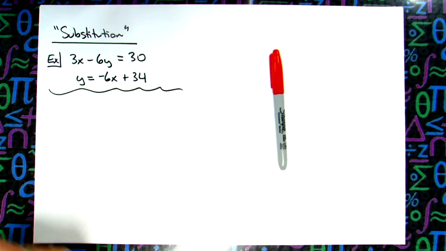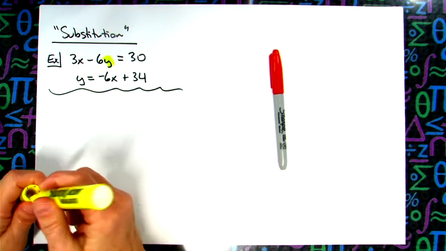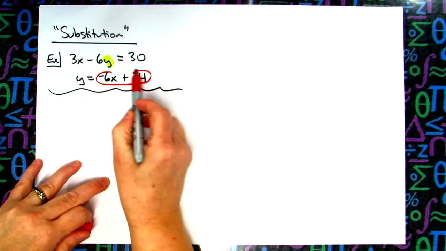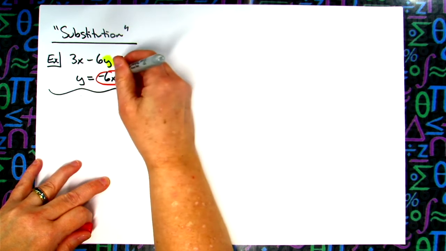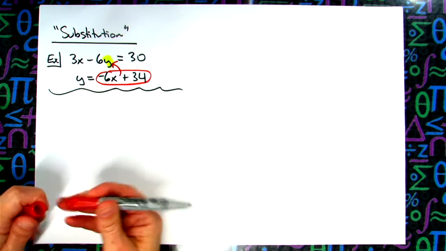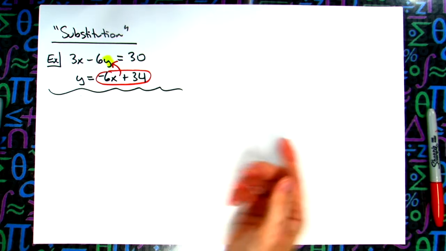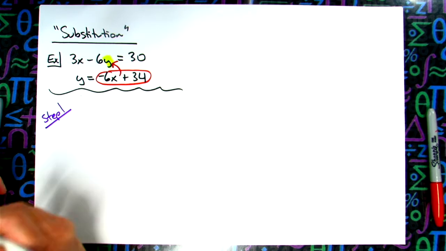Let's highlight the y in that top equation. Right there's a y, and they've told me what y is. Negative 6x plus 34 is y, so I can put this in for that y right there. So really, there's my step 1.